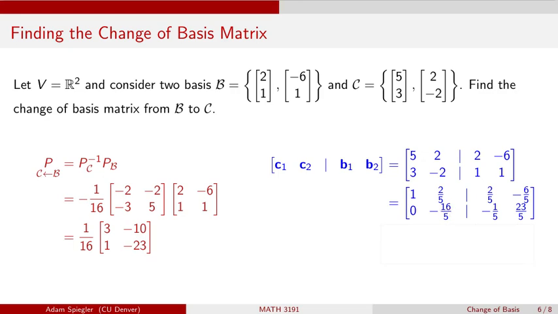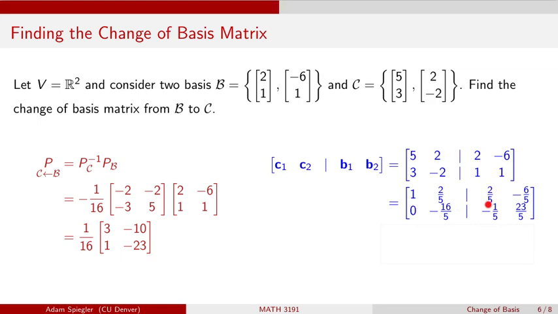So for example, I could scale the first row by 1/5. That gives me 1, 2/5 in the top row. And I also apply that to the top row on the other side of this vertical bar. Then we could multiply this scaled row by -3 and add it to row 2 to replace it. And you can check my calculation.